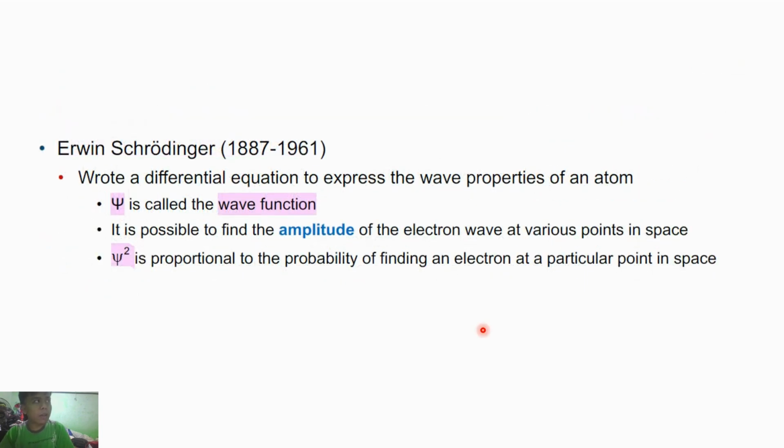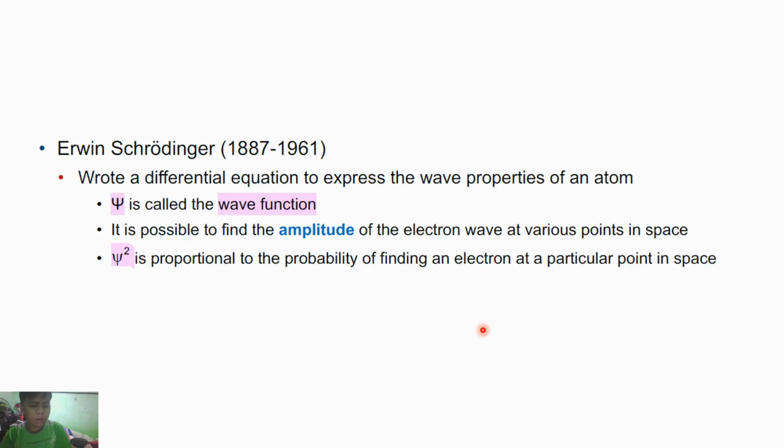And because of de Broglie's thinking, we come up now with Erwin Schrödinger's, where he emphasizes that we cannot actually predict the behavior of an electron because it acts like a particle and also a wave.